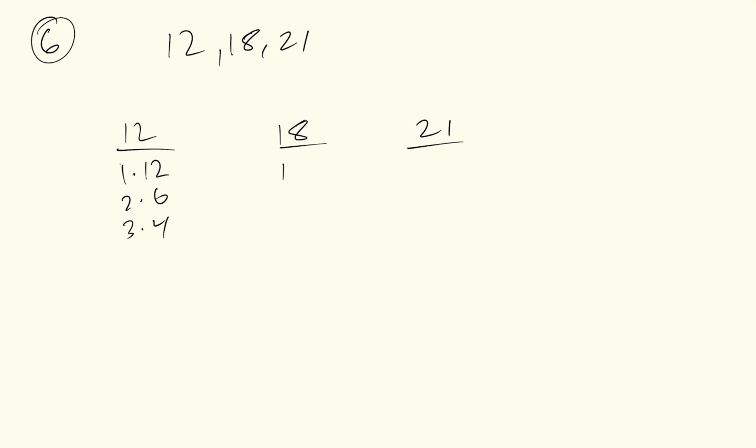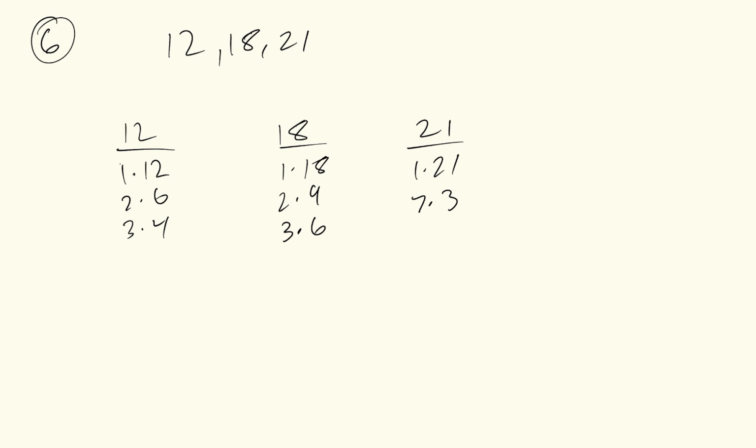And for 18, you have 1 times 18, 2 times 9, 3 times 6. And then for 21, you have 1 times 21 and 7 times 3. And so now when you're looking for which number is found in all three of them, you can't have 1 be that number, and 2 isn't found in all three.